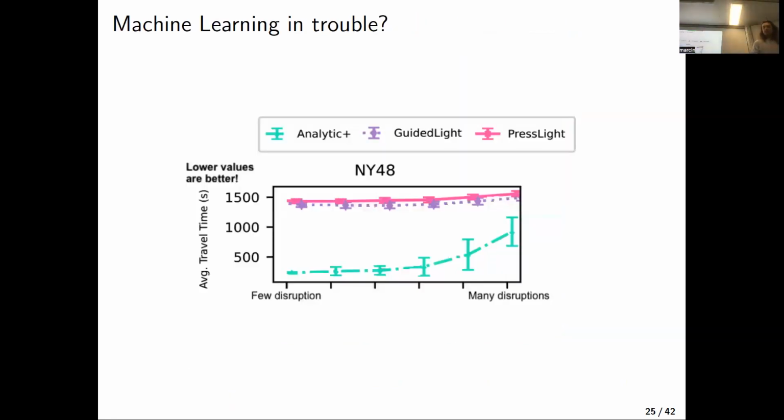And what we see here, again average travel time, for the machine learning and also the analytic, we have few disruptions in the beginning and many disruptions at the far end. At first, it's not even getting that much worse. Its variance is increasing a bit. And then it gets progressively harder to control, because as we have many disruptions, the capacity of the network just decreases. We have fewer roads, we can put fewer cars in. But machine learning doesn't seem to learn at all, right?